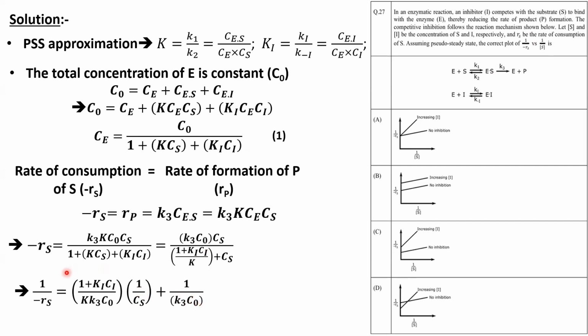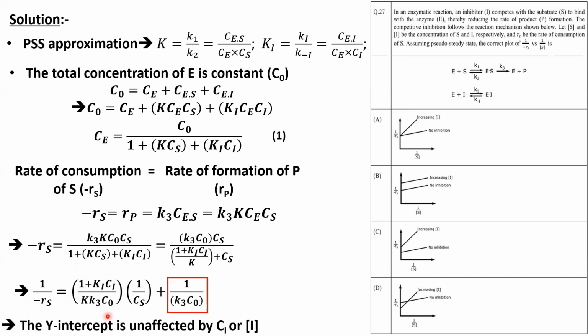So this is an equation of a straight line. If we observe this equation, we can say that the y-intercept is unaffected by the concentration of inhibitor because there is no presence of the term C_i, whereas only the slope is impacted by the presence of inhibitor because of the presence of C_i. Hence the y-intercept is unaffected by C_i.